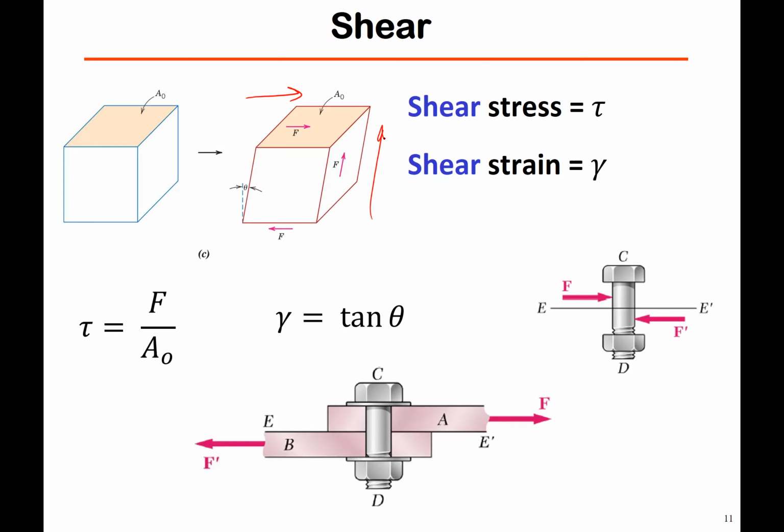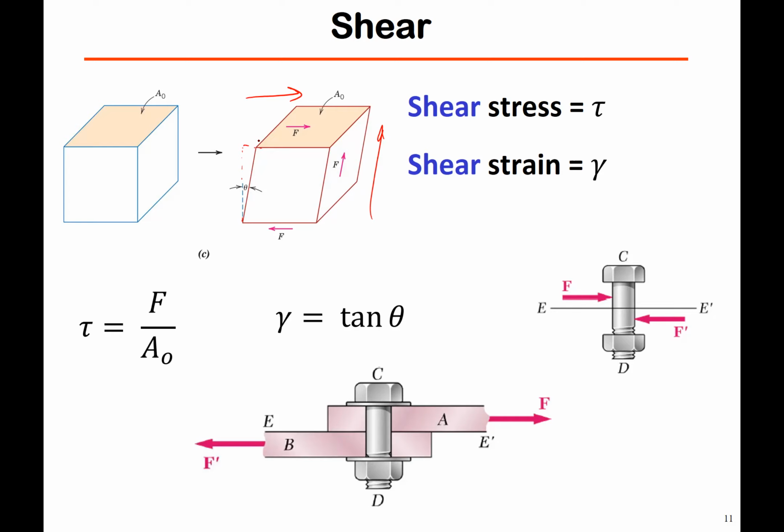And so just like the tensile and compressive stresses that a material could experience, where it's force divided by the cross-sectional area, with shear, it's also F over A naught, where A naught is the initial cross-sectional area. But now the strain has an angular component to it, right? So it has this component where it's opposite over adjacent, so it's tangent of this theta.